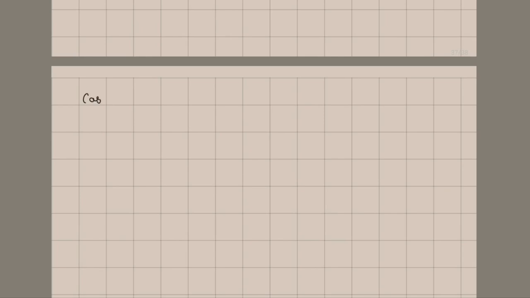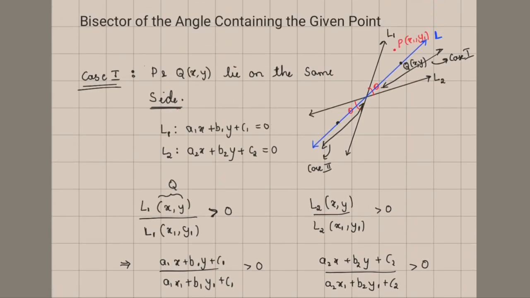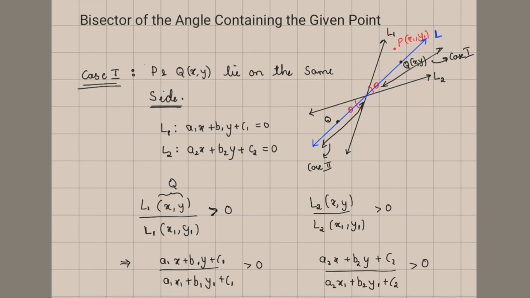So in case 2, P and Q lie on the opposite side. If the point Q lies somewhere here, then P and Q are on the opposite side of L1, and similarly they are on the opposite side of L2.